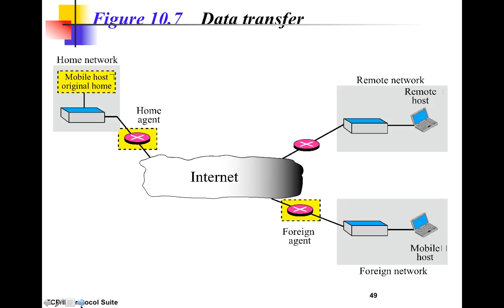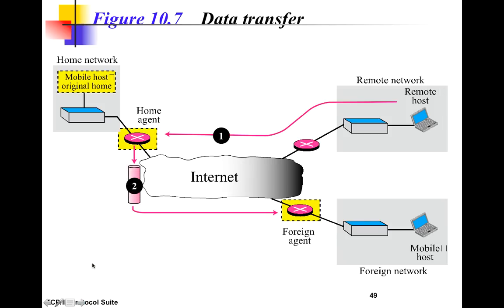Okay, so as you can see, the remote host is communicating to the home agent. The home agent tunnels the packet. It will attach the new address and tunnel it to the foreign agent, and the foreign agent will then forward it to the mobile host.